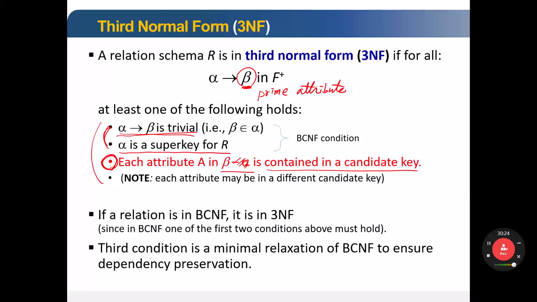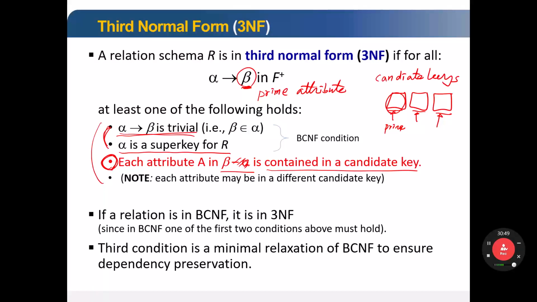So suppose you found some candidate keys. Let's suppose these three attributes form a candidate key. Then each attribute is called a prime attribute. This is a prime attribute.